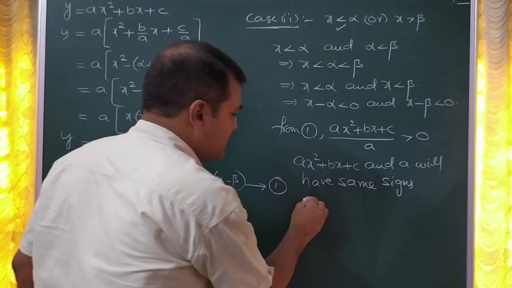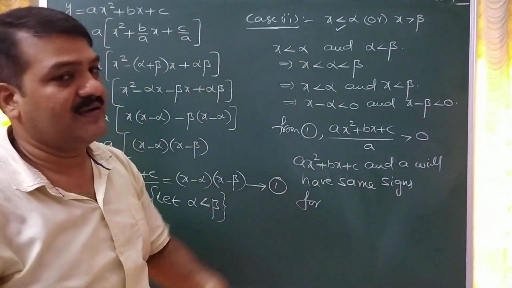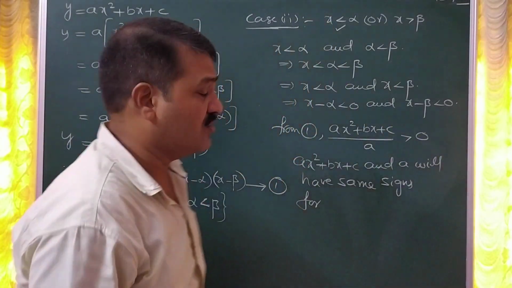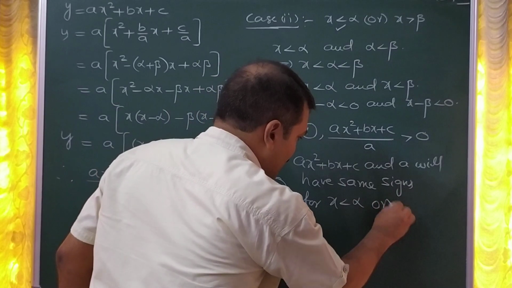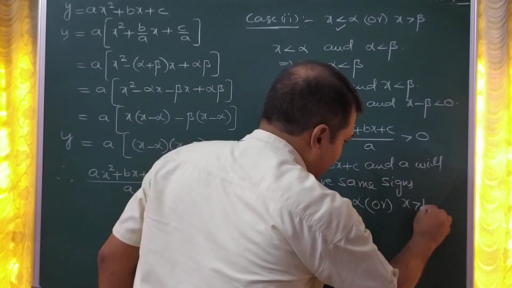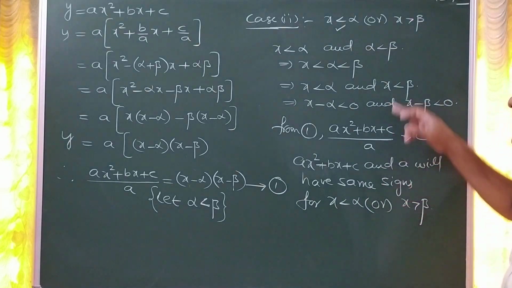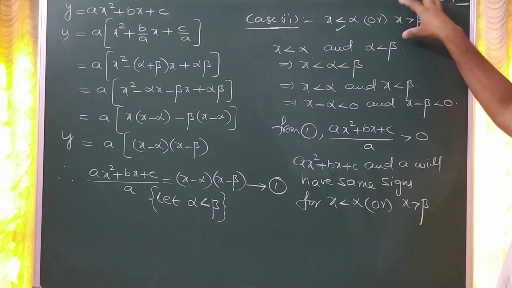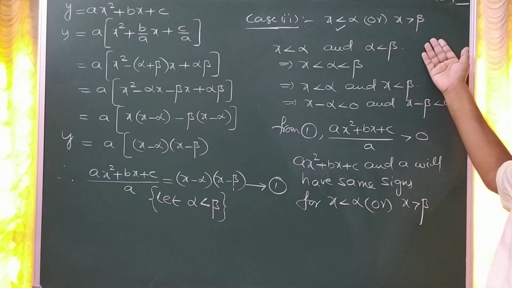Will have the same signs. When is this happening? When x is less than alpha. The same will be obtained when x is more than beta also. So this happens for x less than alpha or x greater than beta. For x greater than beta, what is the change we observe? When x is greater than beta, beta is anyhow greater than alpha.